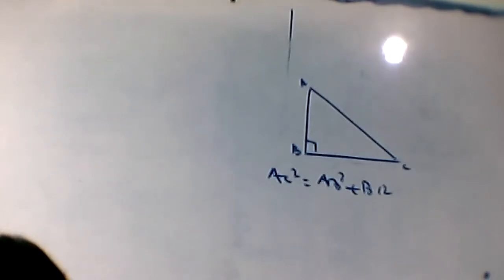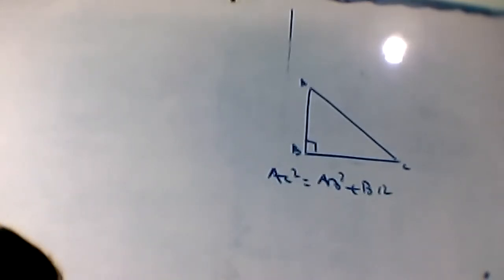Listen: in a triangle, if the square of one side is equal to the sum of the squares of the other two sides, then the angle opposite the first side is a right angle.